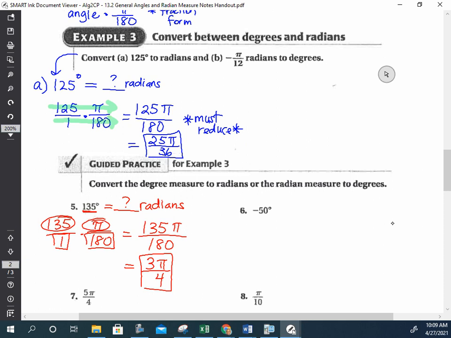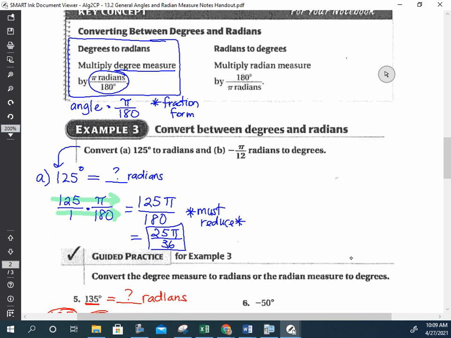So now let's do it the other way around. Going from radians to degrees, you take the angle and multiply it times 180 over pi.